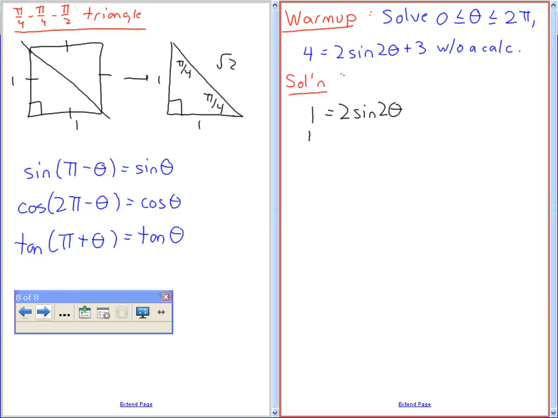If sine of something is 1/2, what is that something? 5 pi by 6. So this is 5 pi by 6 equals 2 theta.